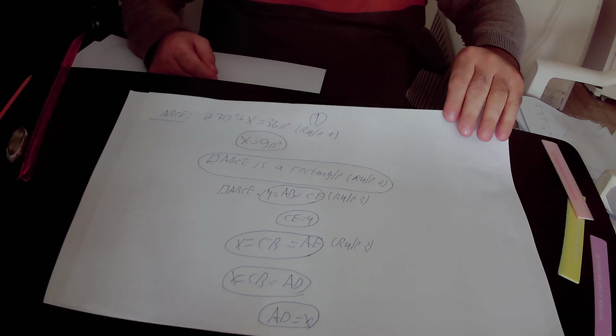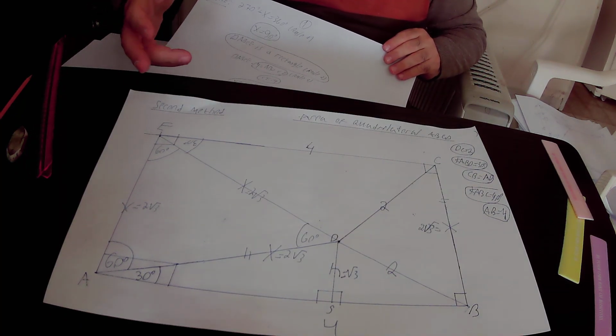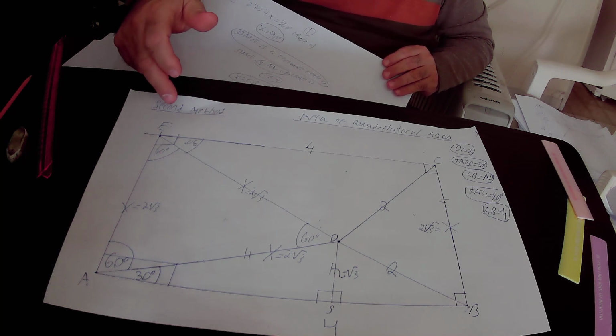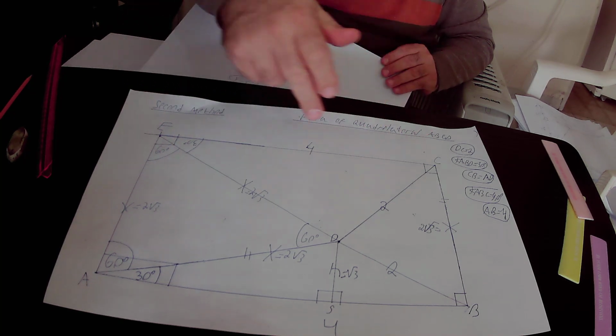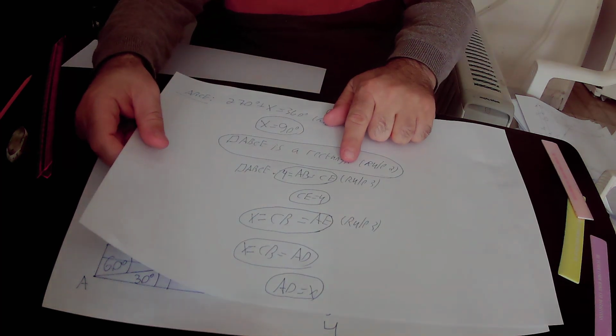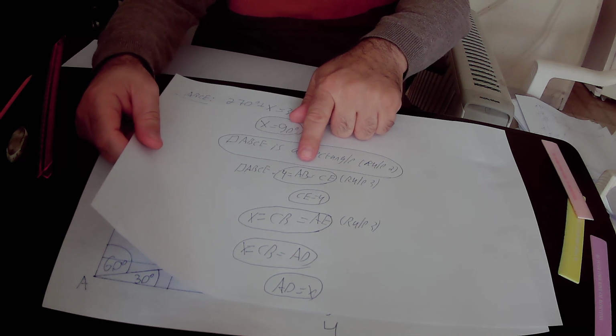Then we have rule number 3 that states that the opposite sides of a rectangle are equal to each other. So the opposite sides of rectangle ABCE will be equal. That is to say AB equals CE according to rule number 3, but we know that AB equals 4 units, it is given in the question.